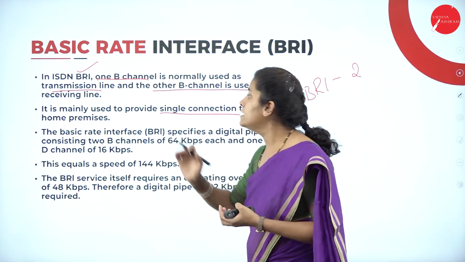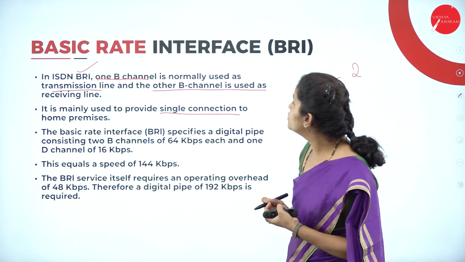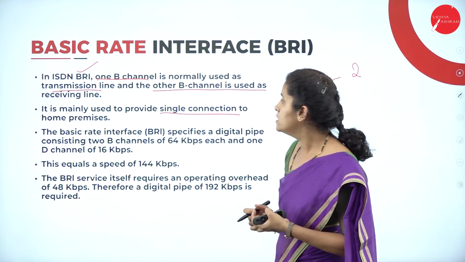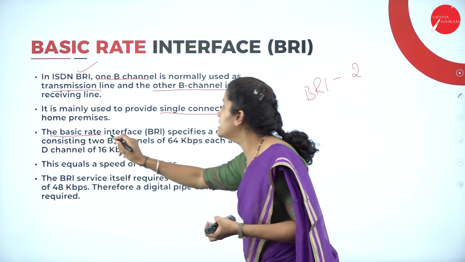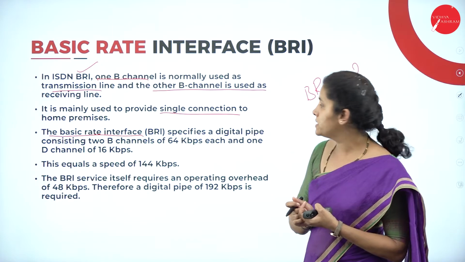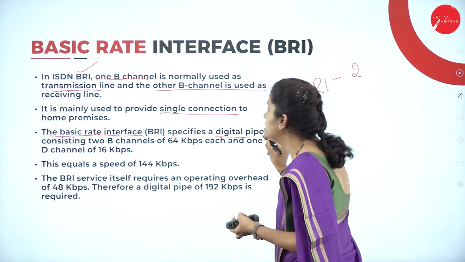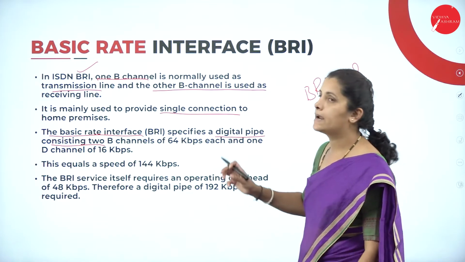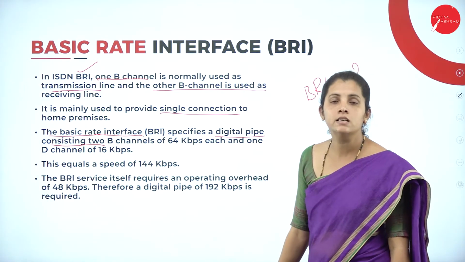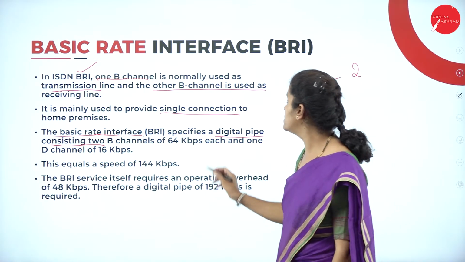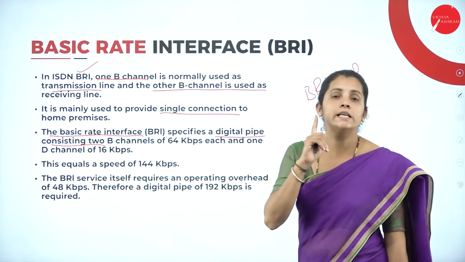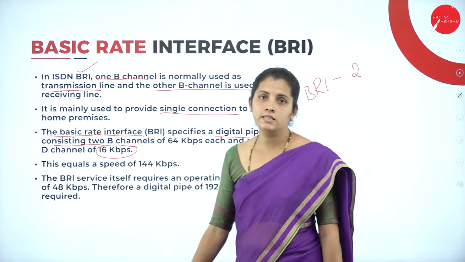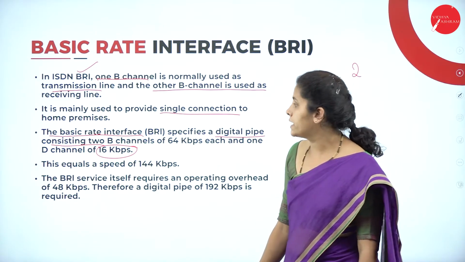The B channel is mainly used to provide a single connection to the home premises. So the Basic Rate Interface specifies a digital pipe consisting of two B channels, with a capacity of 64 kilobits per second each, and one D channel, with a capacity of 16 kilobits per second.